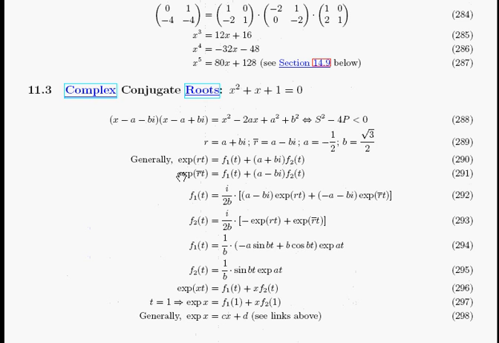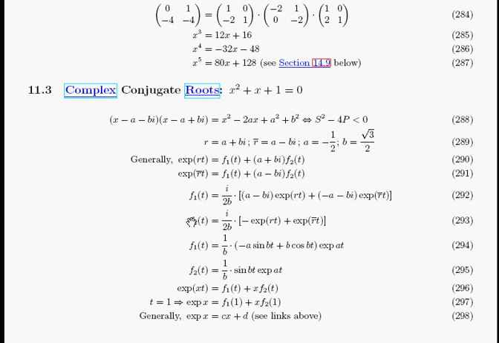Okay? Minus a half plus square root of 3 over 2 i is the exponential of i times 120 degrees.